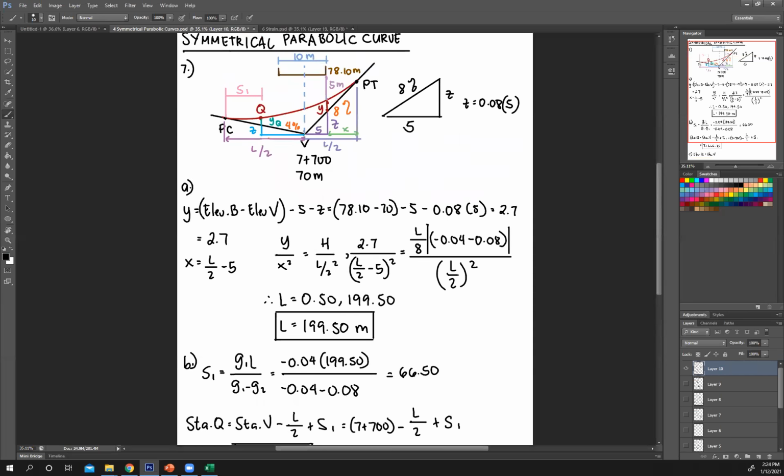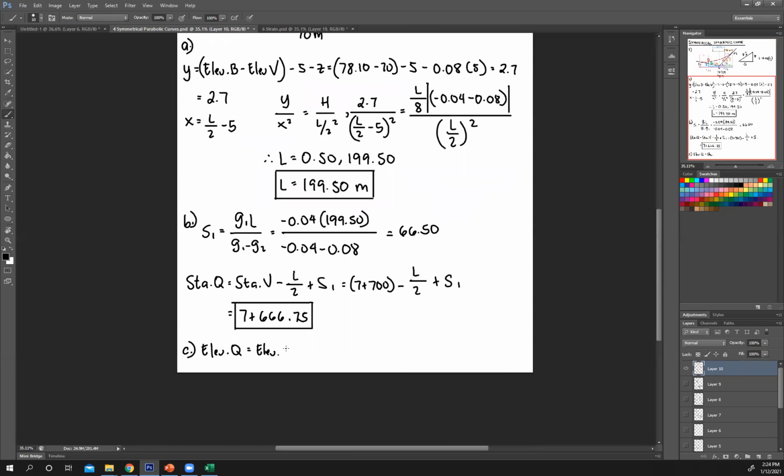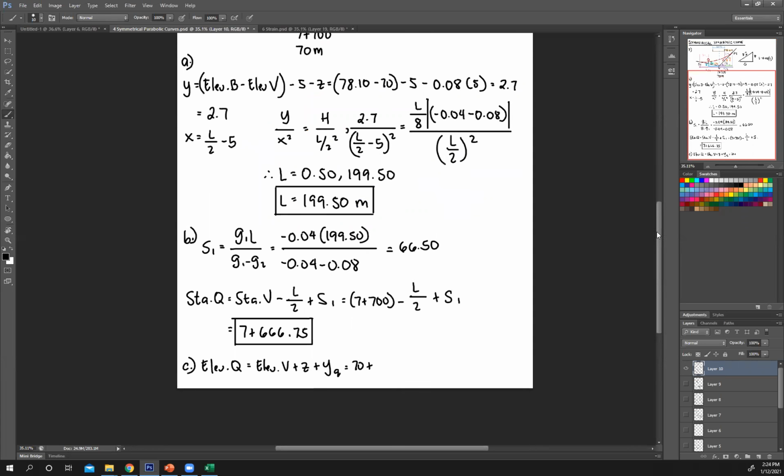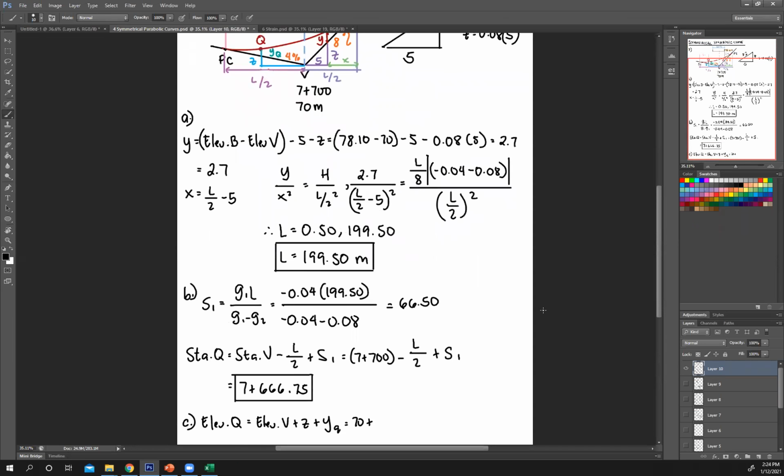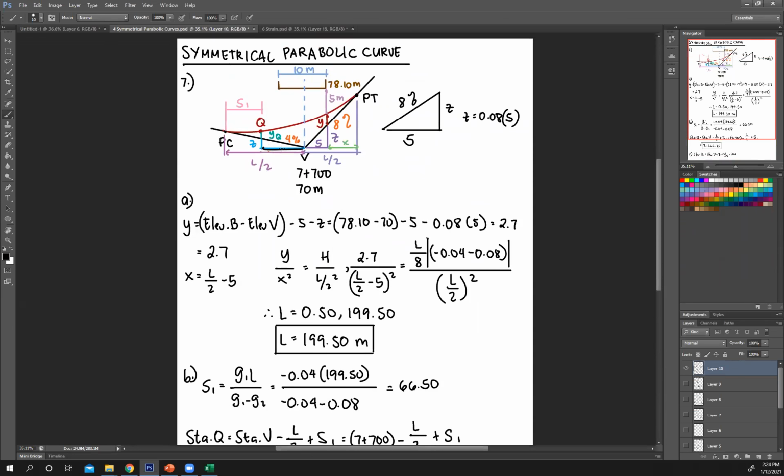Starting from your vertex, plus Z, plus YQ. The elevation of the vertex is 70, plus Z. To get Z, again, just use your grade. So it's 4%, and then this length, which is just L over 2 minus S1.